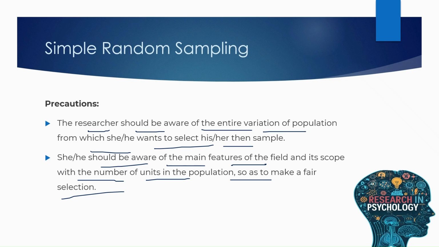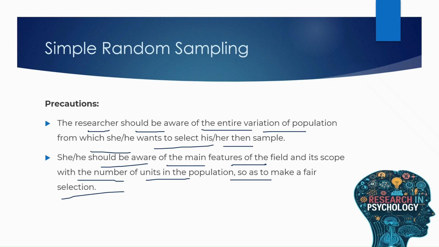If you are choosing random people, there would be some people who are not feasible for your study, who will not be able to contribute to it. That will give you a very skewed sample. So you need to make sure of the scope of the number of units you can obtain from the population that would help you in your study, so that you are able to make a fair selection.